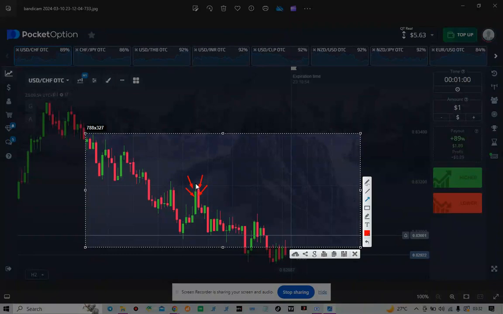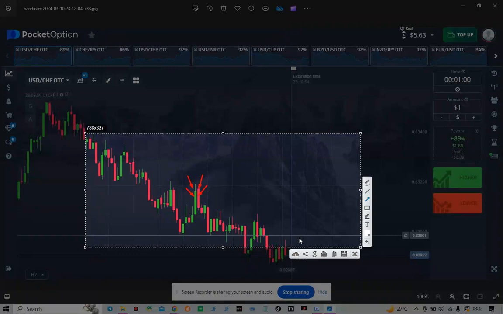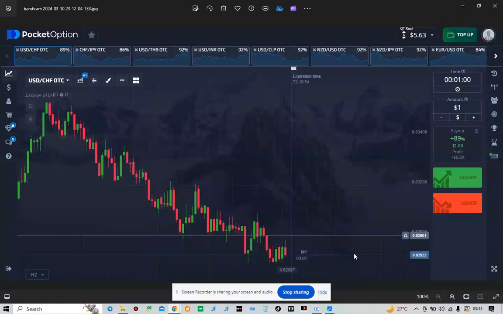Then you might be wondering what is going on here. Why is the next candle always red? All the time you get confused. Sometimes you see a situation like this, the next candle is green. But in this video, I'm going to show you how to analyze the market and predict the next candlestick.